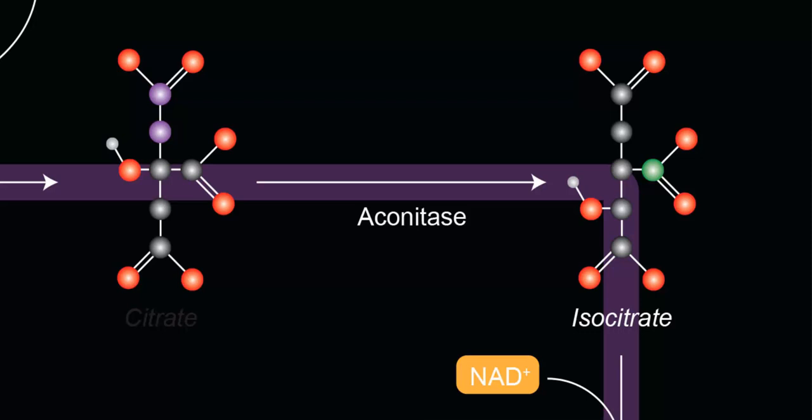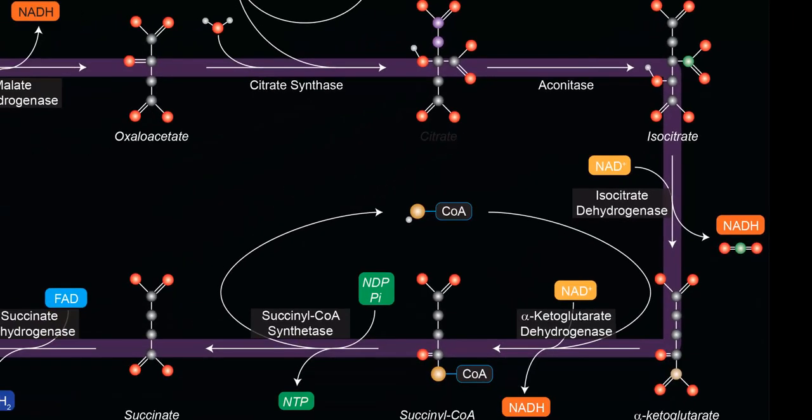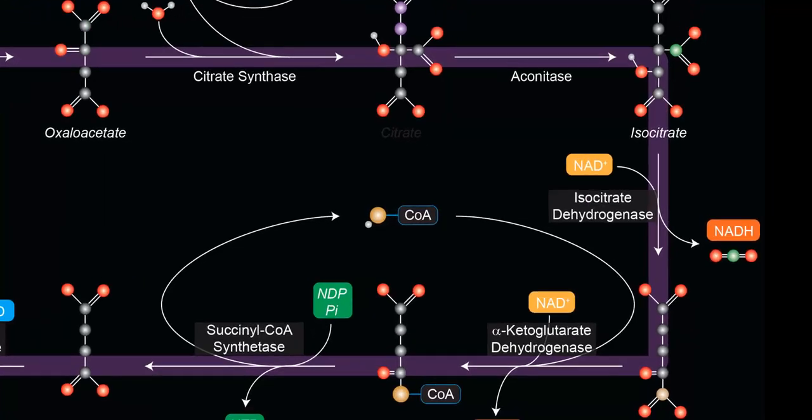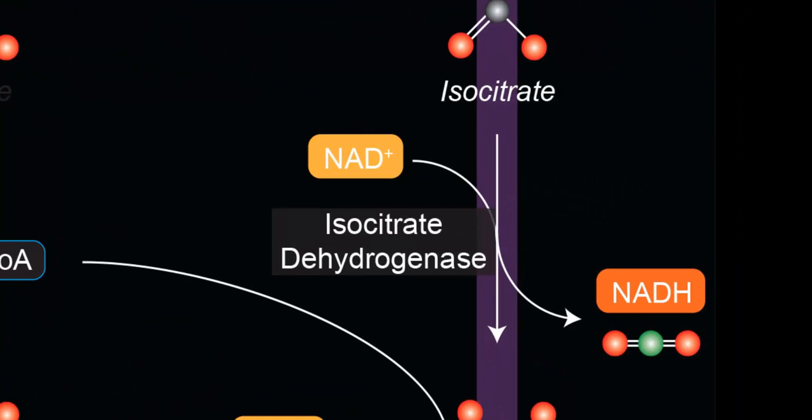to isocitrate. Once we've produced isocitrate, we go through our second oxidative decarboxylation process. In this step, we remove electrons from isocitrate, and those electrons are given to our important redox cofactor NAD+.